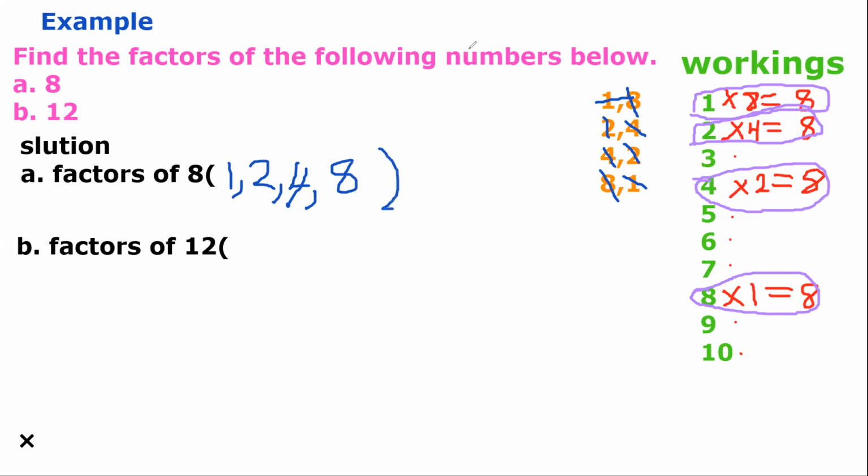So the factors of 8 are 1, 2, 4, and 8. These are the numbers that can divide 8 equally. 1 can divide 8 equally, 8. 2 can divide 8 equally, 4. 4 can divide 8 equally, 2. 8 can divide itself equally, 1.